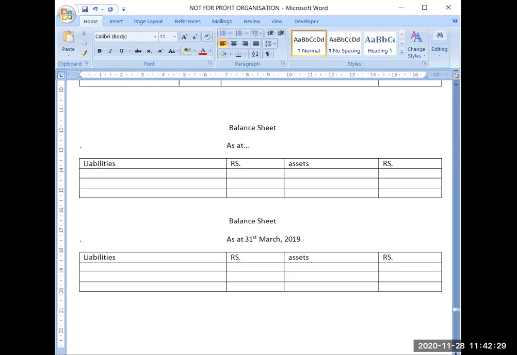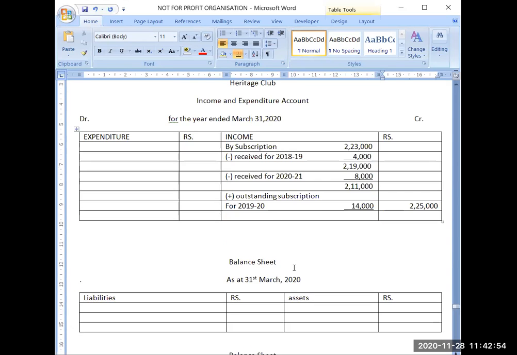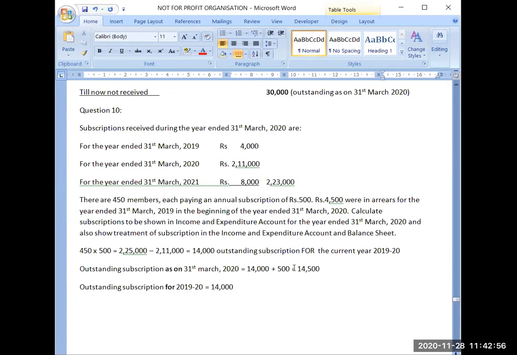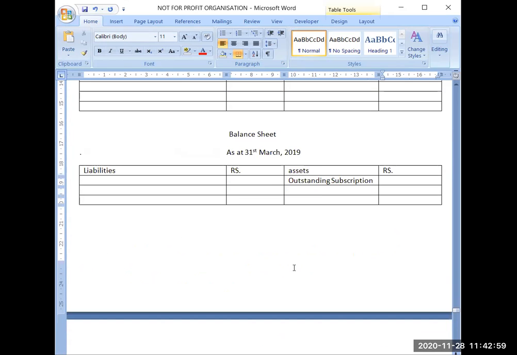And this balance sheet will be for the current year as at 31st March 2020. So this was outstanding subscription of last year, outstanding subscription, and it is 4,500.